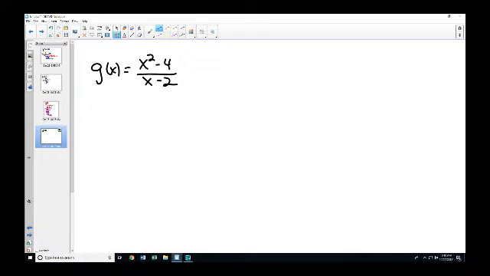You look at that and I ask you, where are the vertical asymptotes, what would you say? At x equals 2, right? Okay. There's not a vertical asymptote at x equals 2 in this equation.